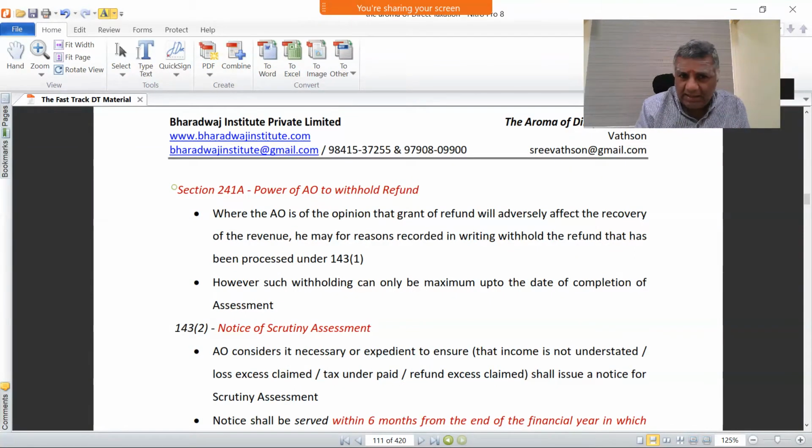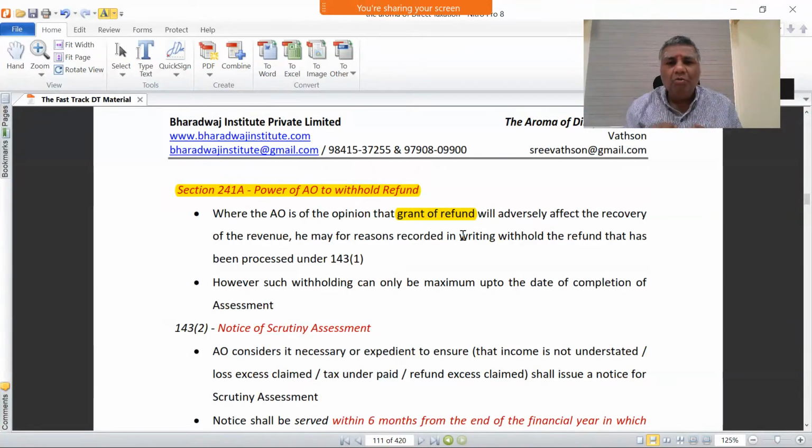section I mentioned. The AO has the power to withhold your refund. The assessing officer has the power to say, don't issue the refund now. I want to assess this case, and there is a possibility that this person has not fulfilled some condition. If the AO is of the opinion that the grant of refund will affect the revenue, then he can withhold the refund.